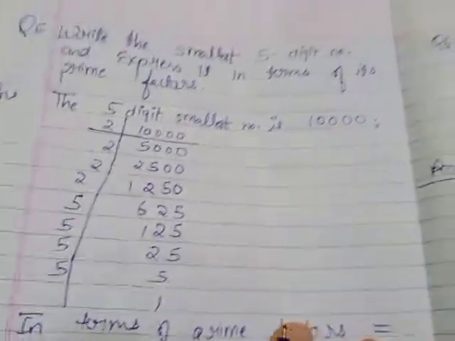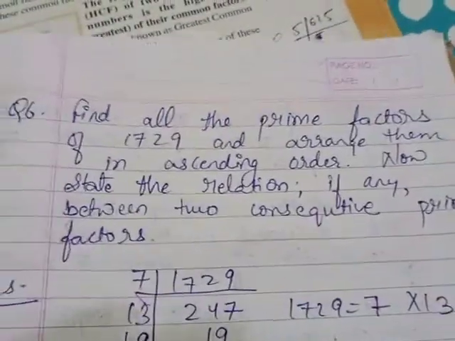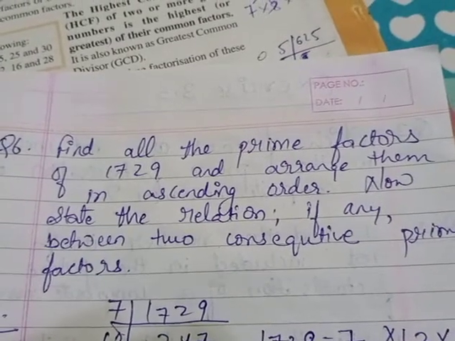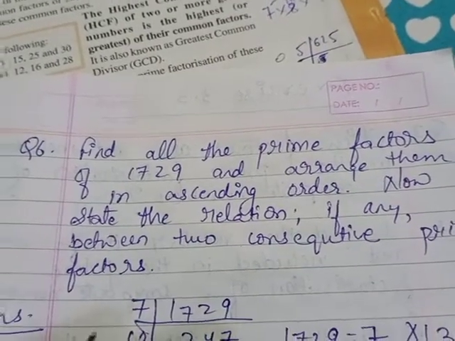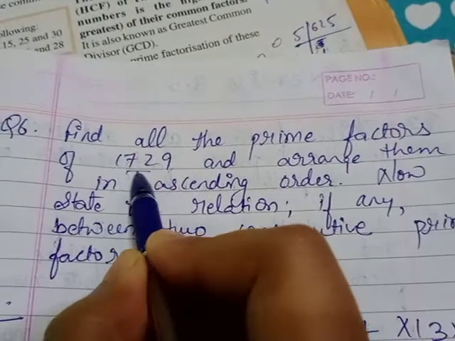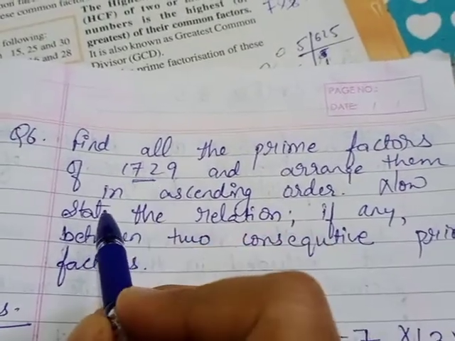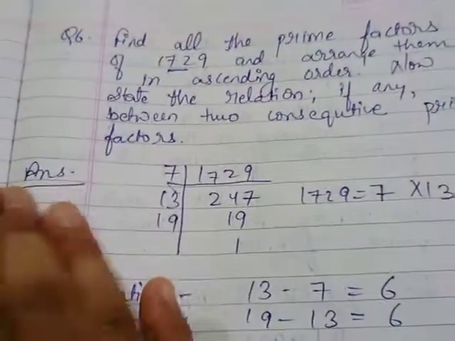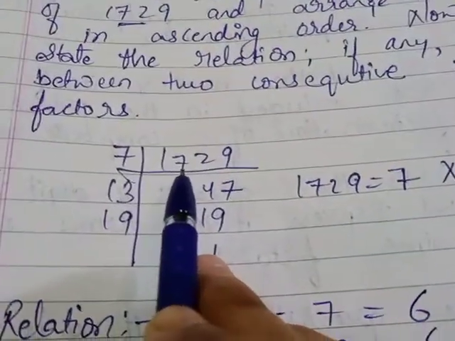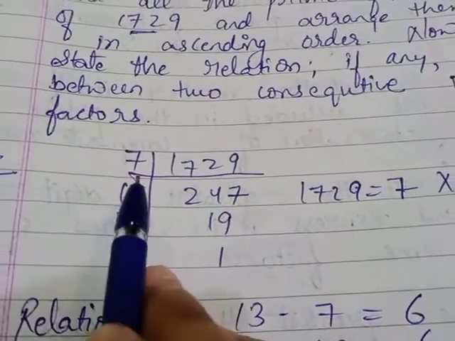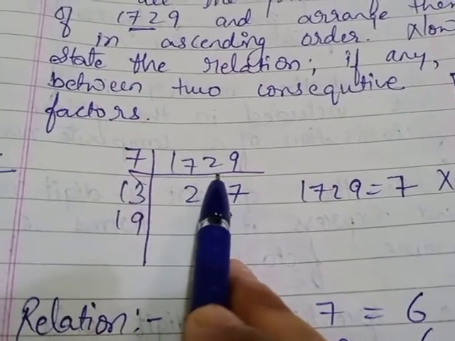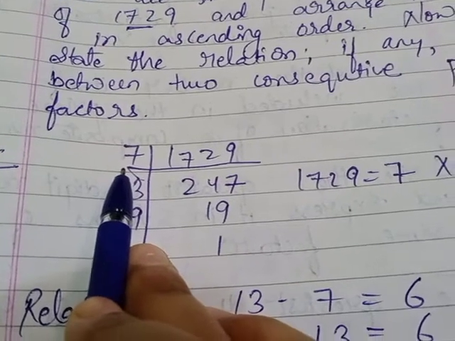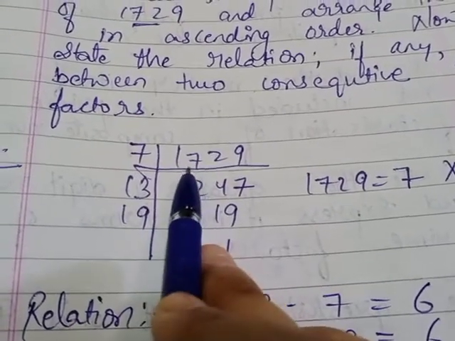Now coming to question number 6, pay attention carefully. Find all the prime factors of 1729. You see here, we have to find the prime factors of this number. We know how to find the prime factors. 1729 is written here, then this number will directly be divisible in the table of 7, keep that in mind. 7 twos are 14.